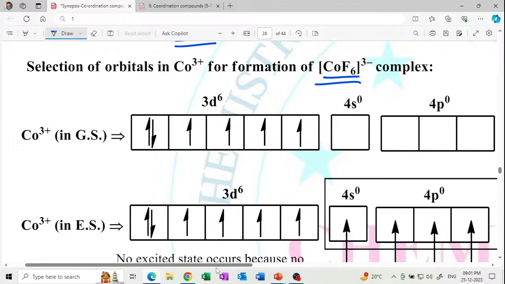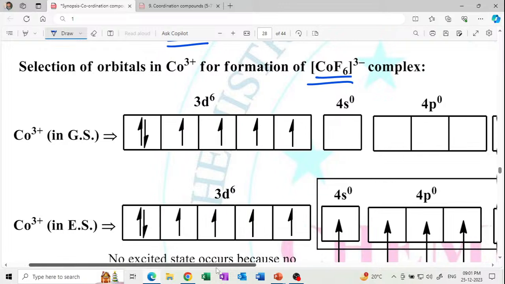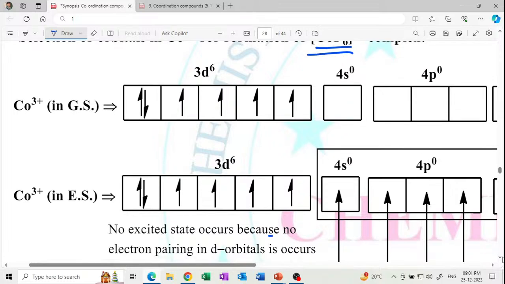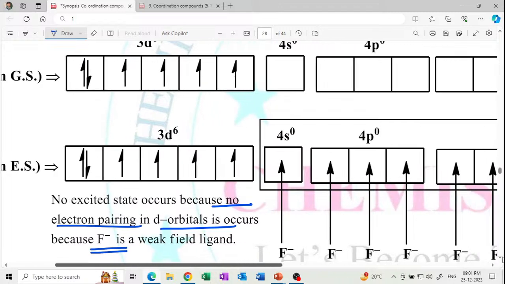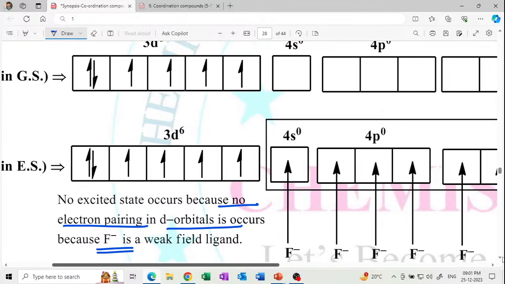So no pairing takes place, because fluorine is a weak field ligand. No electron pairing in the d orbital occurs. What is the reason? Because F is a weak field ligand. So it uses these orbitals.